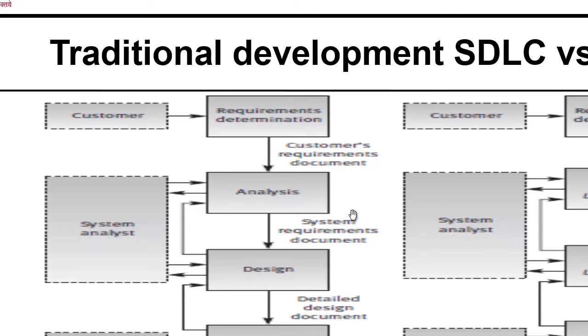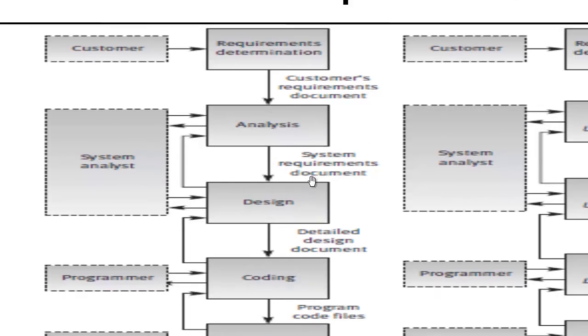Once the analysis is complete, we enter into the design phase. As mentioned, we have architectural design and detailed design. In architectural design, we identify the modules and the relationship among the modules.